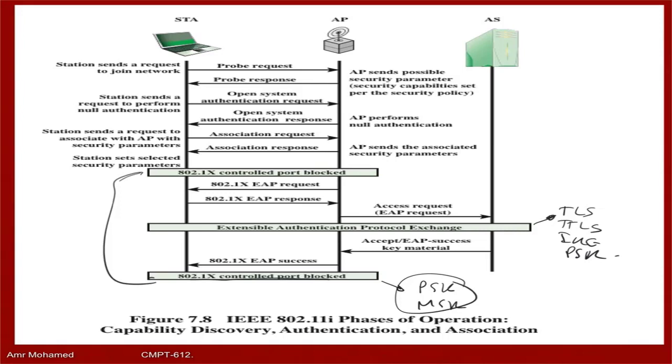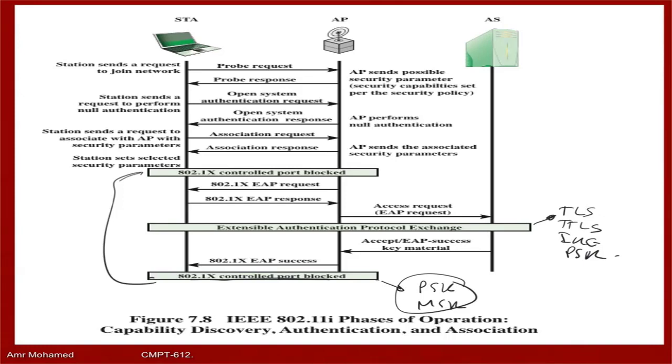Okay, so we generated the pre-shared key or the master session key. What else do we need to do? Yes, the key generation for the session keys. Right. So that's why here you see the port is still blocked. Even here the port is still blocked.